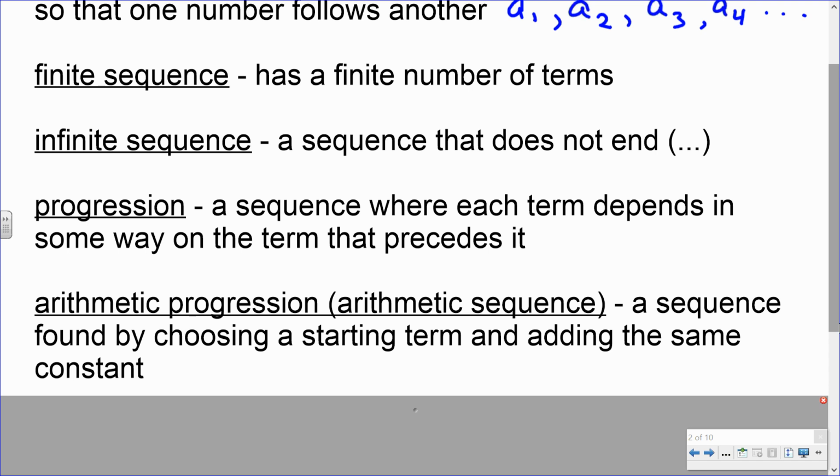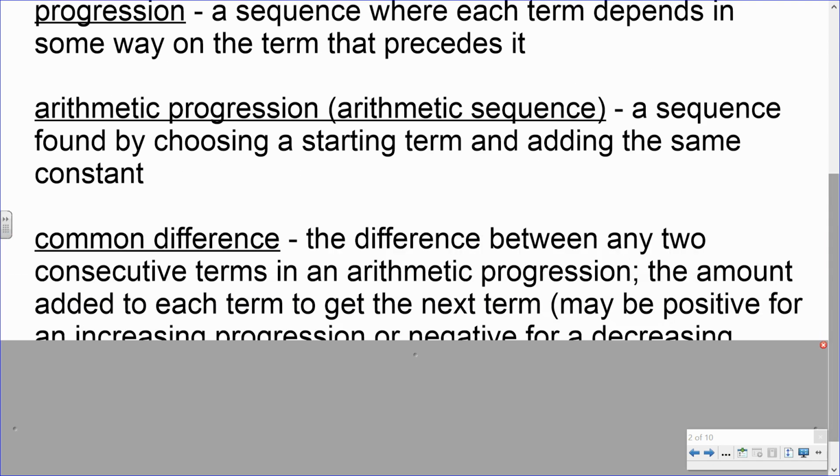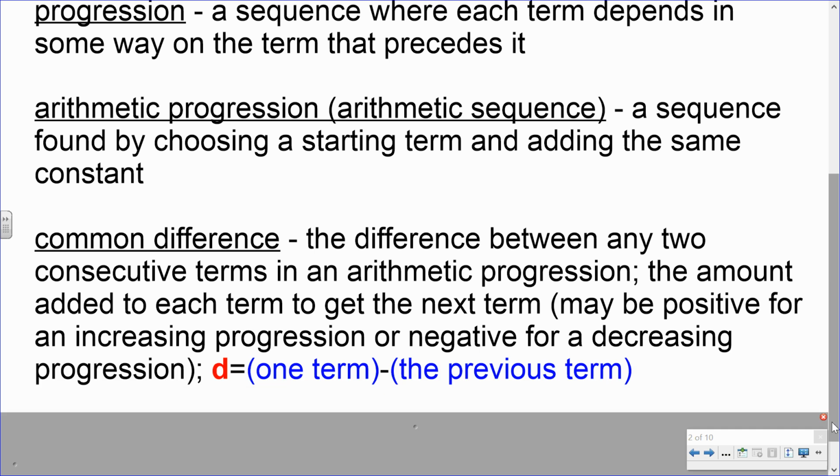The ones that we are talking about today are arithmetic progressions or arithmetic sequence, either term. Arithmetic means it follows this pattern of adding the same thing over and over and over again. That number that we add over and over again, we are going to call D. It is the common difference.